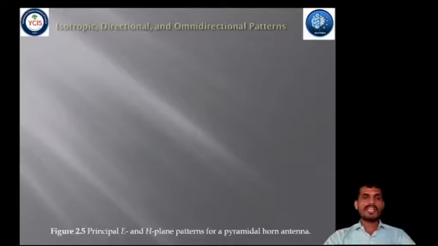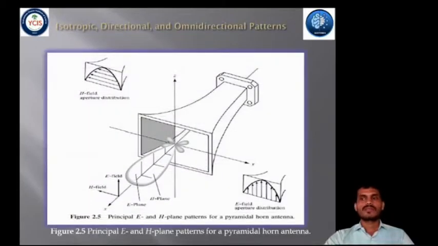So now the next point is the isotropic, directional and omnidirectional pattern. Also this pattern is most important. These are the shapes of that particular pattern. Now the isotropic radiation pattern, this is your circuit diagram.